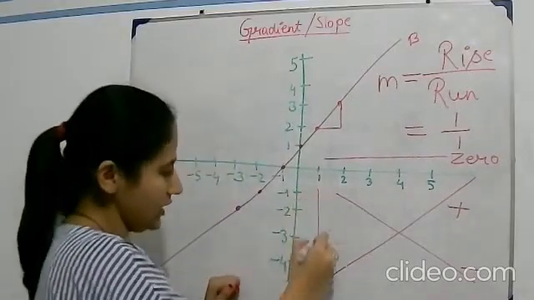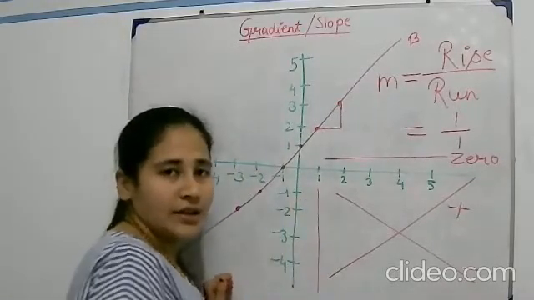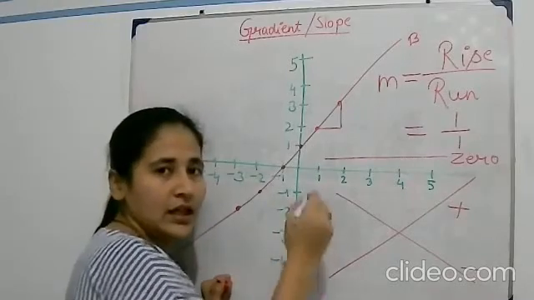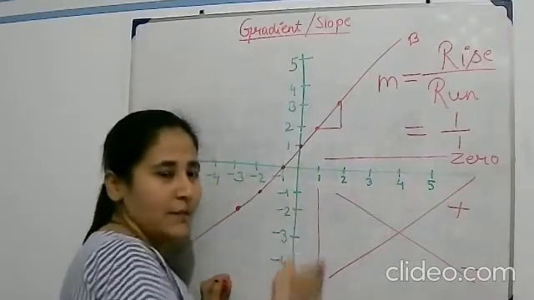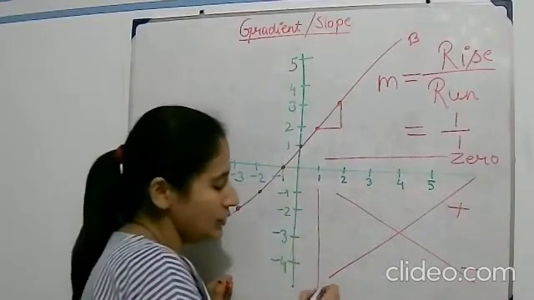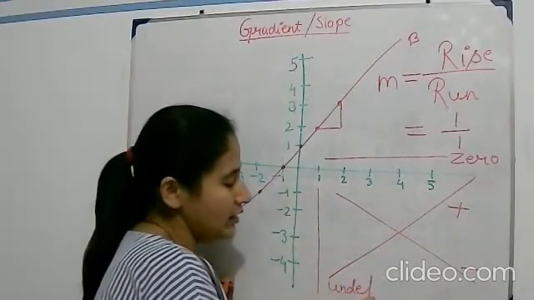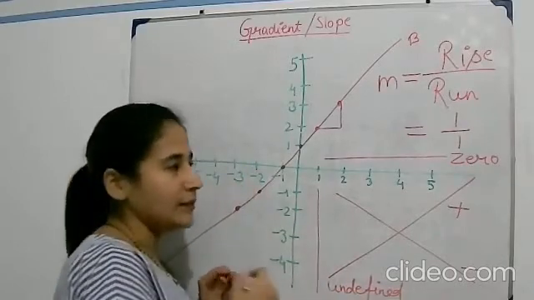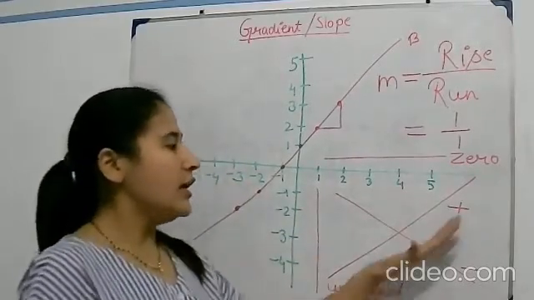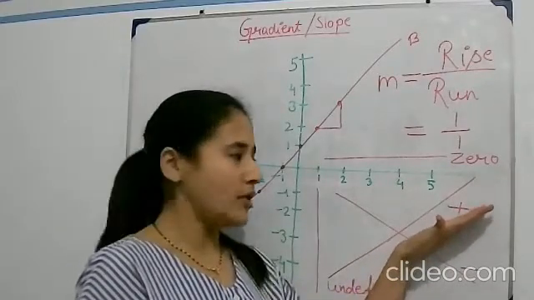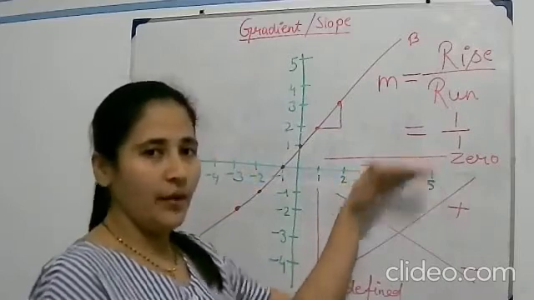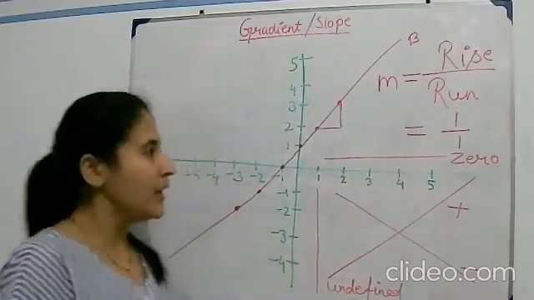If any line is like this, parallel to the y-axis, then we cannot find any slope because it is parallel to the y-axis and straight. So we say it is undefined slope. So here are 4 kinds of slope: positive slope, negative slope, zero slope and undefined slope.